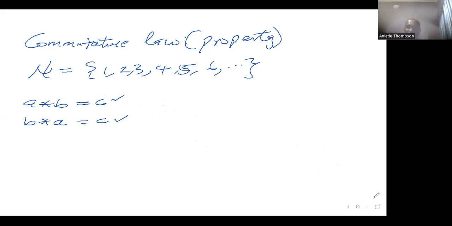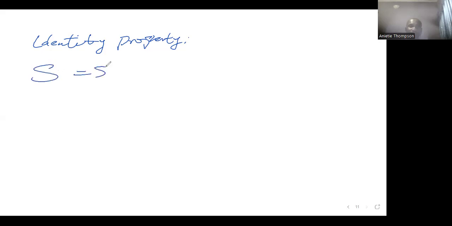So the last, another one that I want to talk about is identity property. Identity property says that there is an element in the set. Let's say I define a set S, which is A, B, and so on.